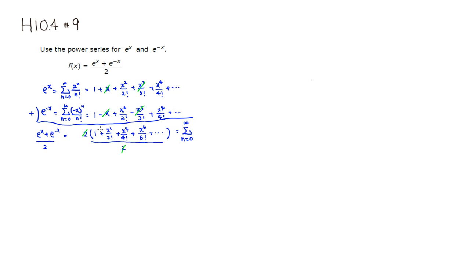Here it's always the even powers, so you have x to the 2n power, because if you put 2n, then it only goes through even powers, and divide by 2n factorial. So that's the expression.